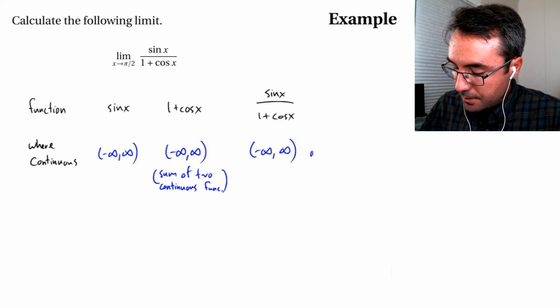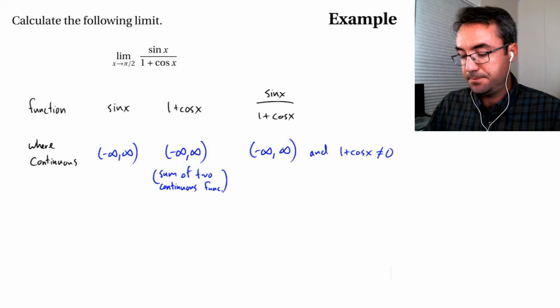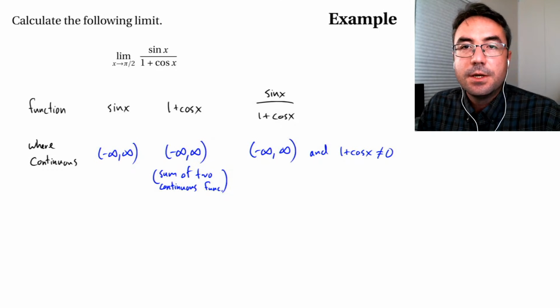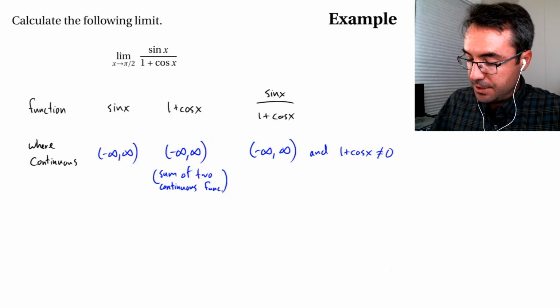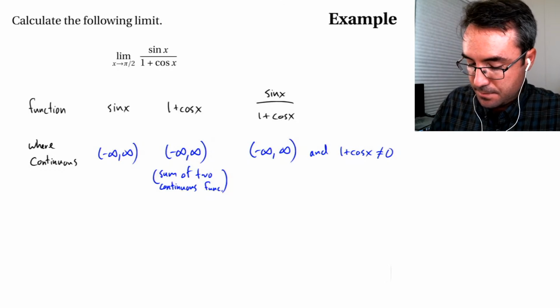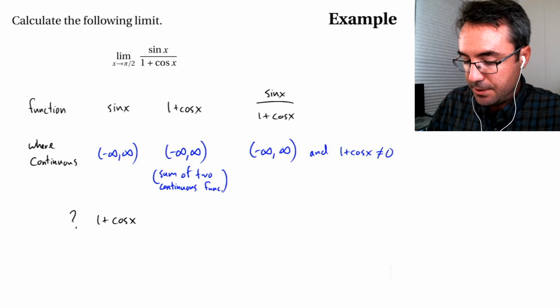So we require that denominator function, 1 plus cosine x, can't be 0. So let's see where that happens. Where does 1 plus cosine x equal 0?